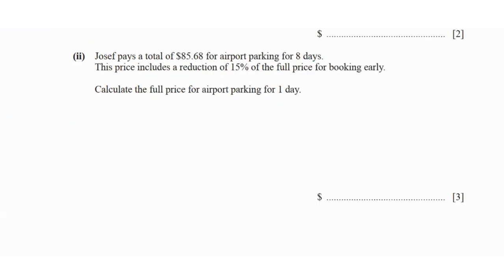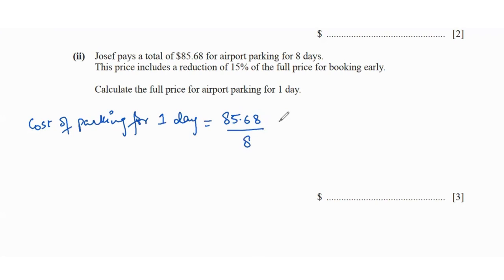As the question says that Joseph is paying a total of 85.68 for airport parking for 8 days. So cost of parking for 1 day would be 85.68 divided by 8, $10.71.